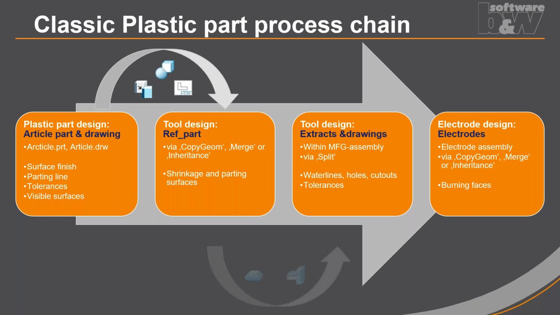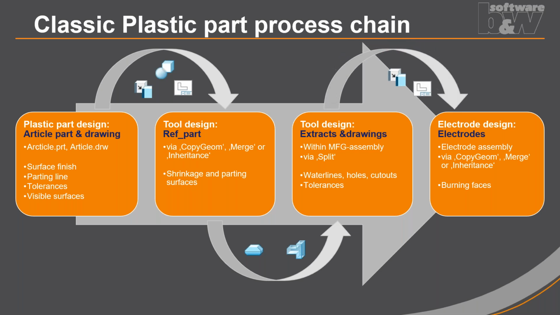Within tool design, the tool designer creates a manufacturing assembly, builds splits, and finally gets extracts and again drawings. The extracts will contain waterline holes, threaded holes, cutouts, again tolerances, surface finish information, and many more information again. And this information needs to flow again into another department.